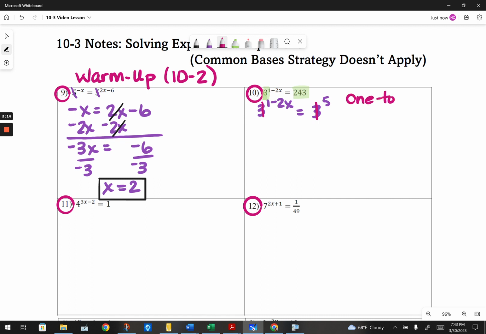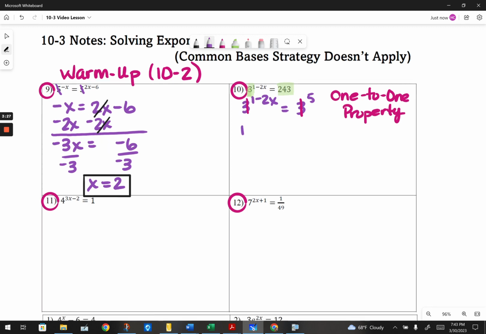I'll write that down here so you recall the one-to-one property, which many of you like to say I'm going to cancel, but get accustomed to saying one-to-one property. We will bring down the exponents and now just solve the equation. I'm going to keep my x's on the left-hand side.